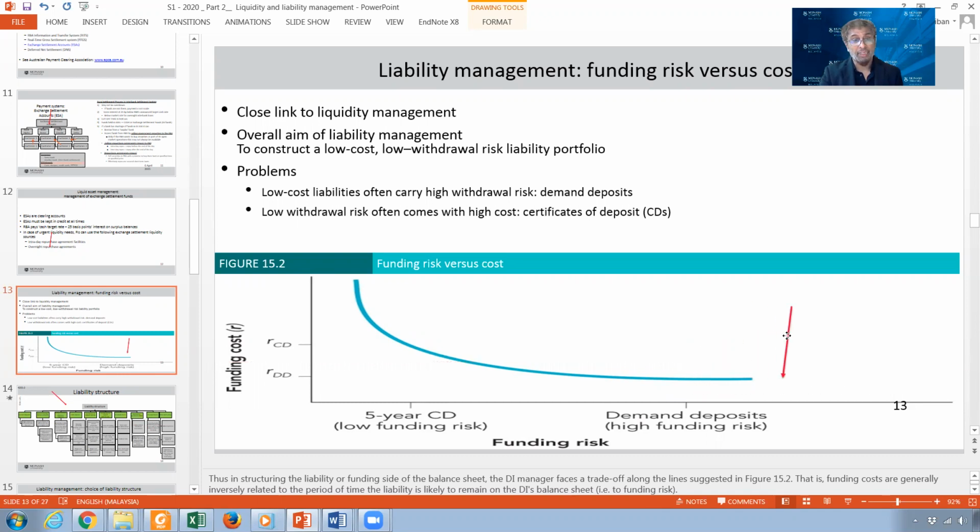So they have higher liquidity risk or higher risk of withdrawal, but they are very cheap to keep. See, this is the funding cost, very cheap. Here, the funding cost is high, but the risk is less. The x-axis is actually the risk, and the y-axis is actually the cost.